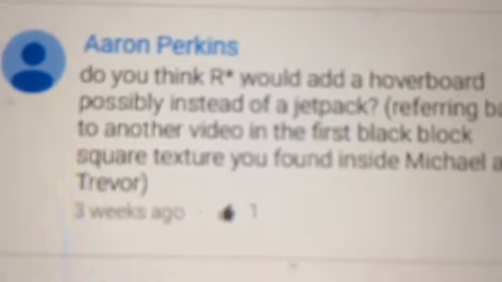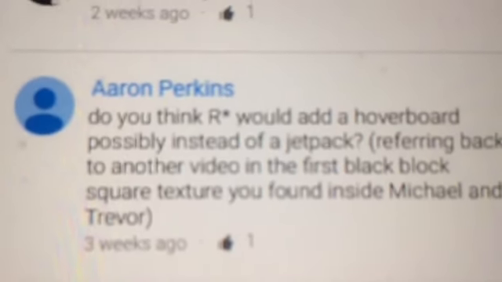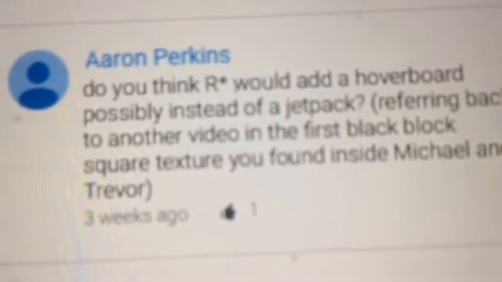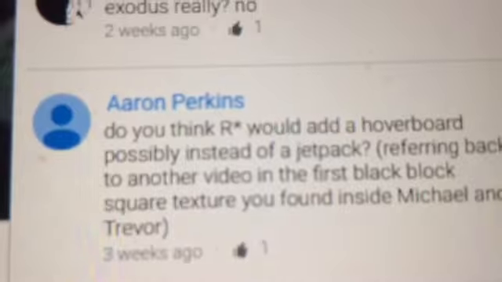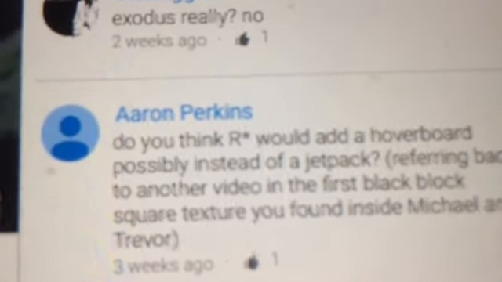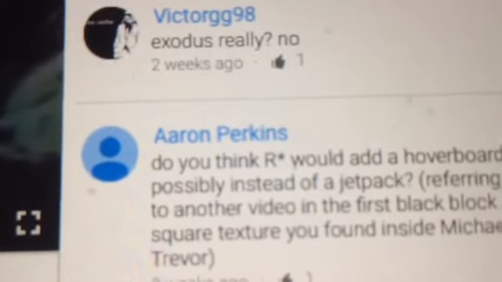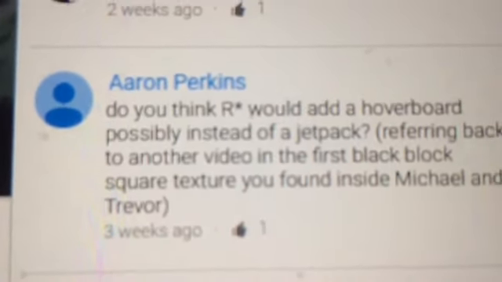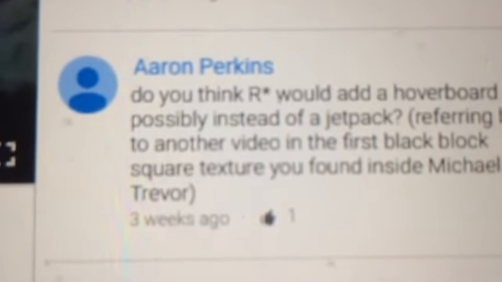Now, aside from those clues leading to not just a hoverboard, I want people to understand, okay? There is a jetpack in the game, okay? And I'm not kidding. I'm going to just briefly show you a very brief clue that has been in front of our face from day one and will always be in front of our face because this is part of, once again, wordplay and how they do things.